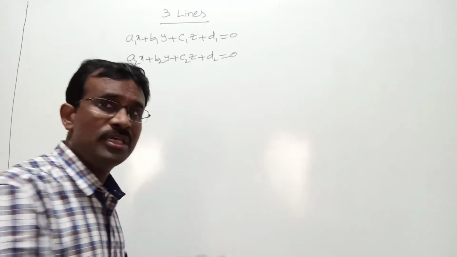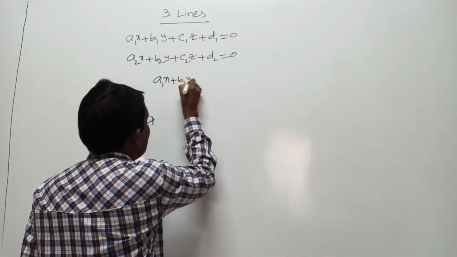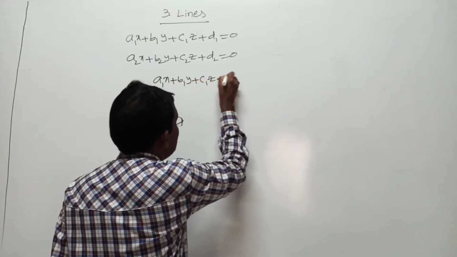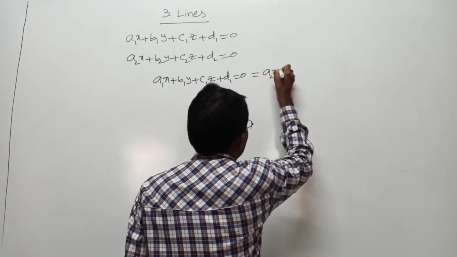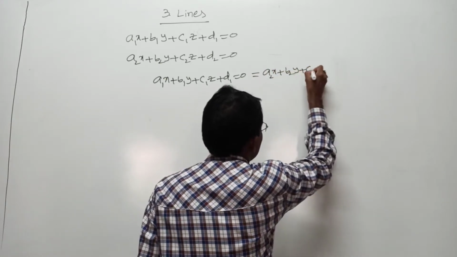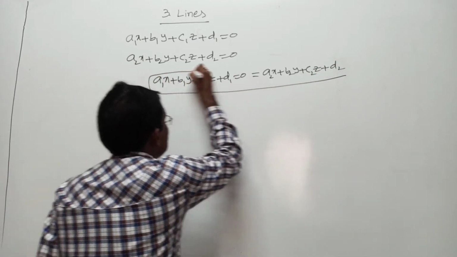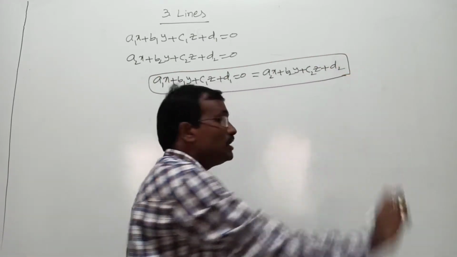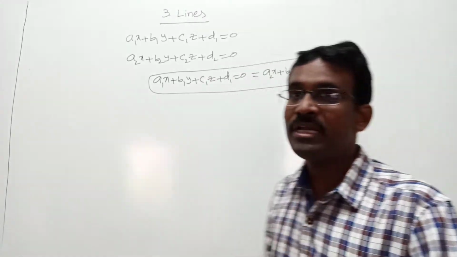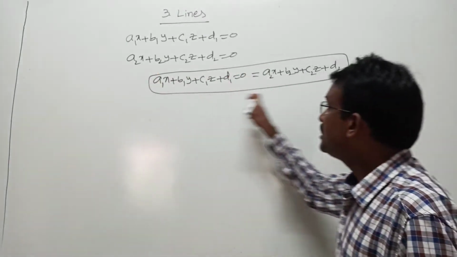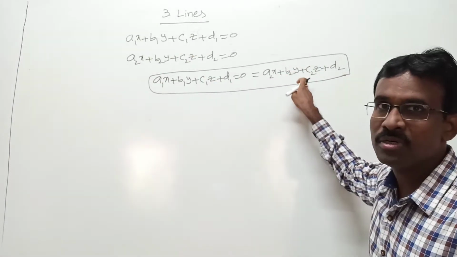The equation of the line is a1x plus b1y plus c1z plus d1 equal to 0, which equals a2x plus b2y plus c2z plus d2 equal to 0. This is called the equation of the line in unsymmetric form, which gives the combination of two planes, right?